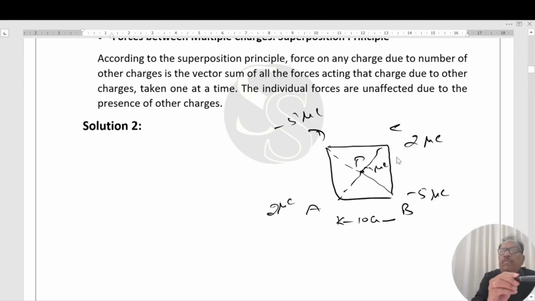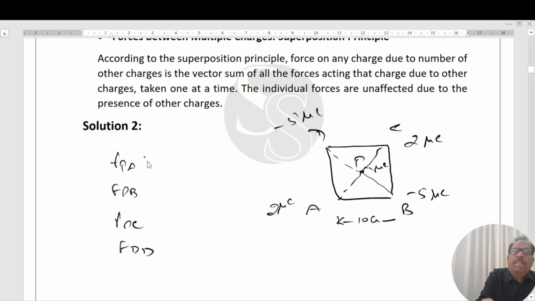Now we have to find the four forces: FPA, FPB, FPC, FPD. Everything is 1 over 4 pi epsilon naught times the product of the charges. FPA is 2 into 1 into 10 to the power minus 6 into 10 to the power minus 6, divided by R square, that is PA square.